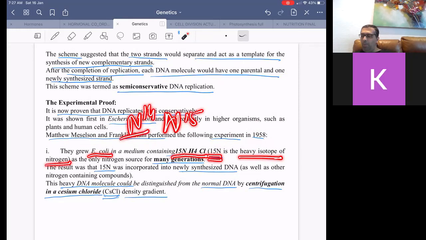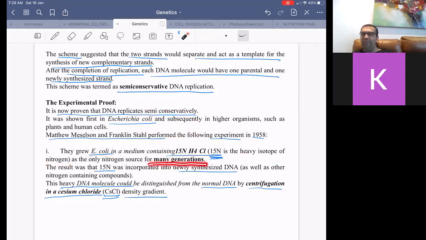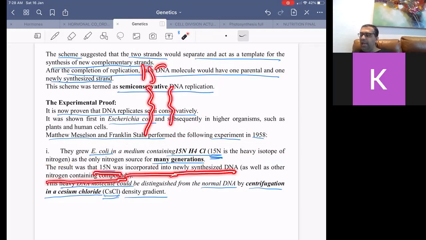So N14 is normal. They grew E. coli in N15, and for many generations, they multiplied in N15. The result was N15 was incorporated in the newly synthesized DNA as well as nitrogen containing compounds. So, all the strands of the DNA will have N15.